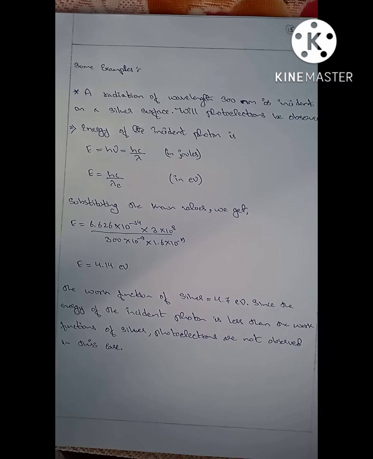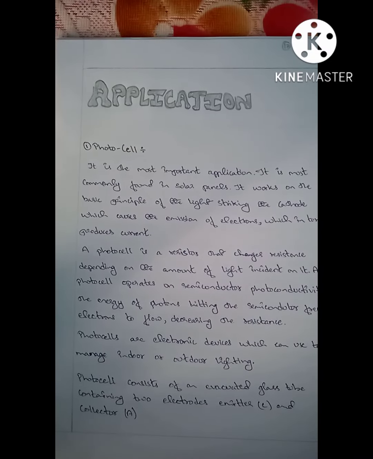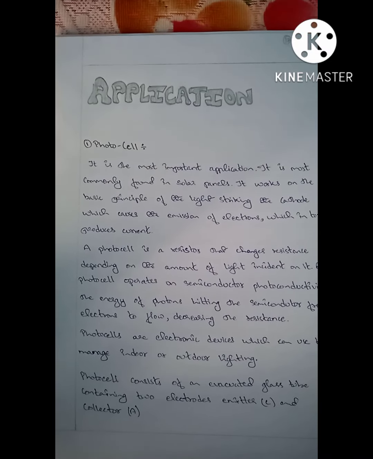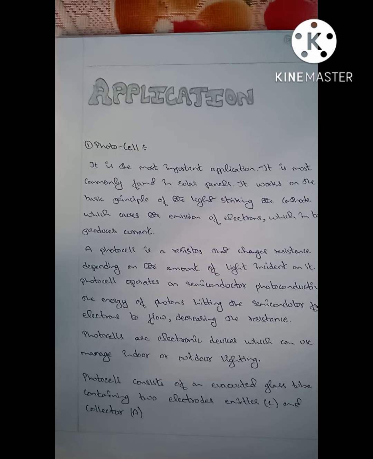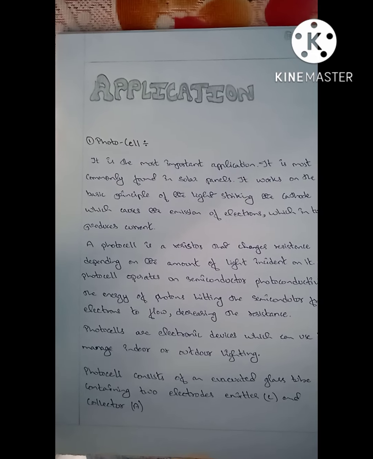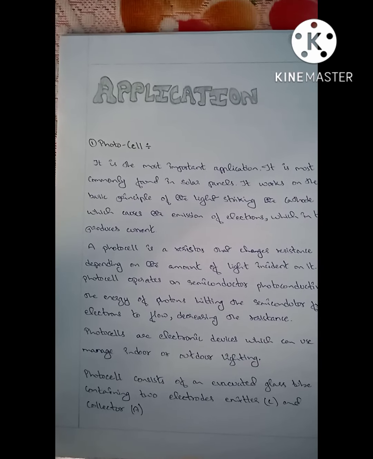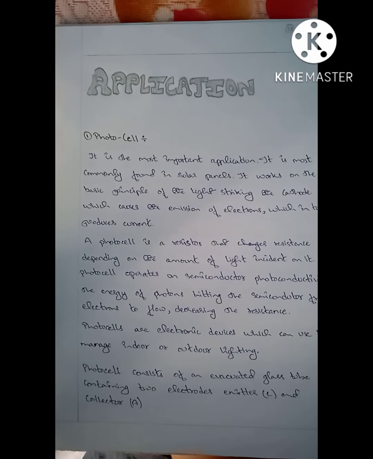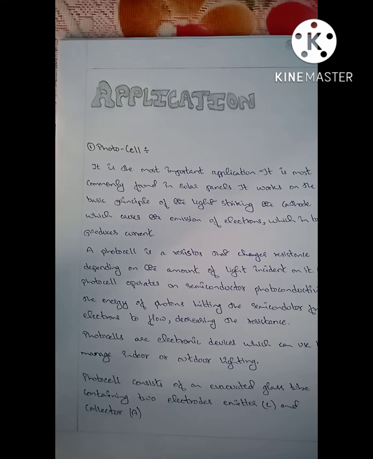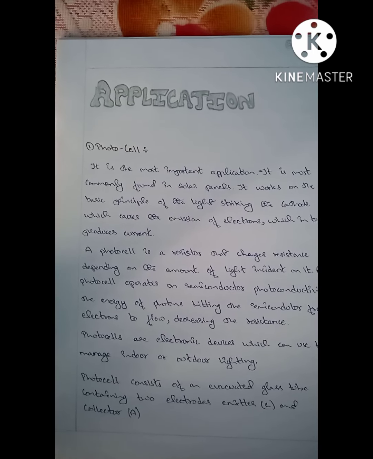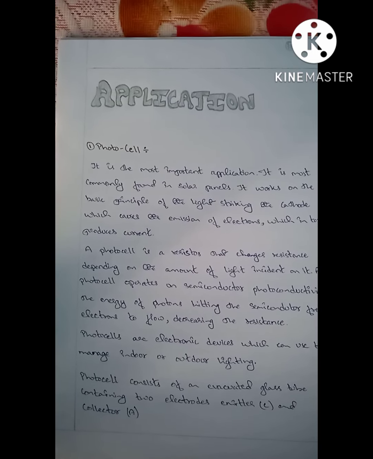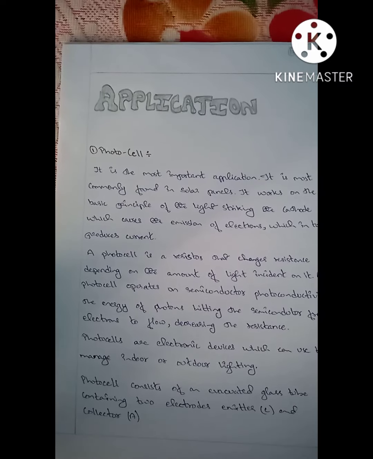Application of the photoelectric effect. Number 1, photocell. It is the most important application. It is most commonly found in solar panels. It works on the basic principle of light striking the cathode, which causes the emission of photoelectrons, which in turn produce current.